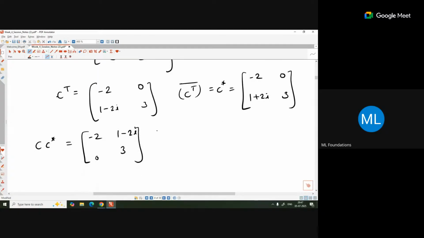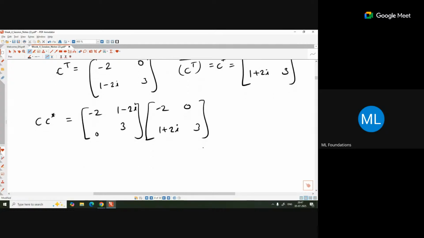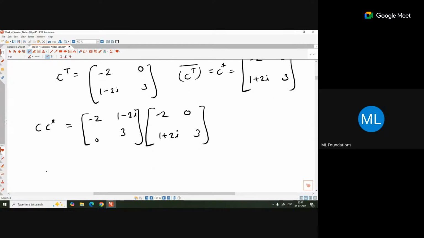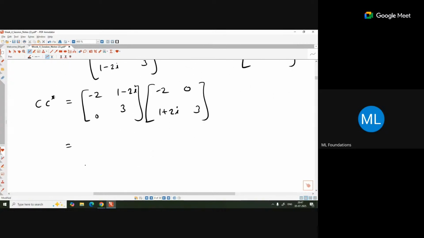Matrix multiplication, right? 2 plus 2i and 3. Okay, so what will be the matrix multiplication for this?